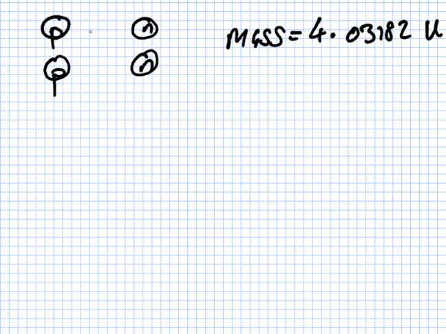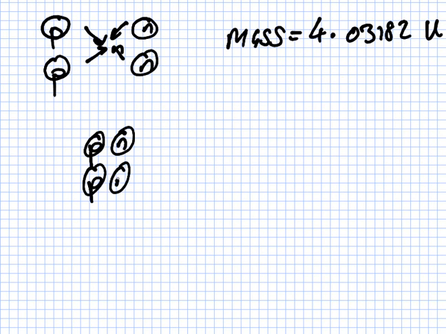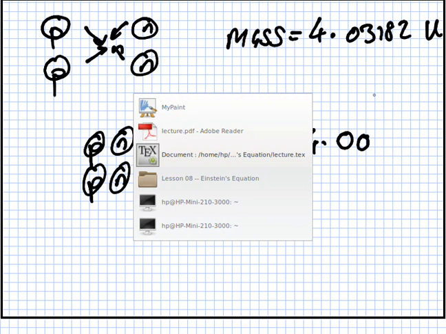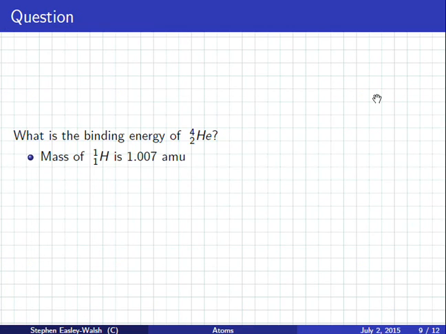And then what I do is I click them together, and now what do I have? I have my helium 4. And what's the mass of helium 4? I give this to you. It's 4.002. Okay.